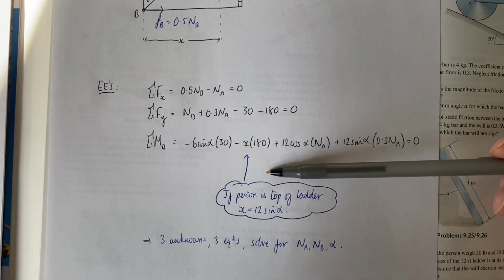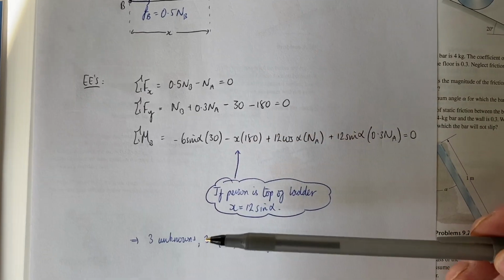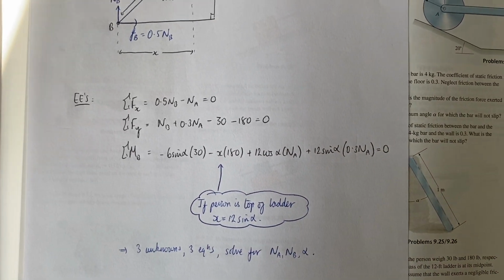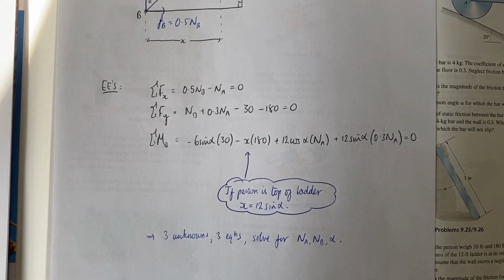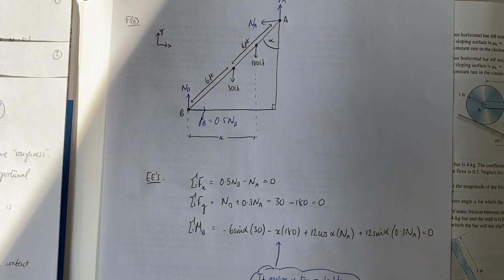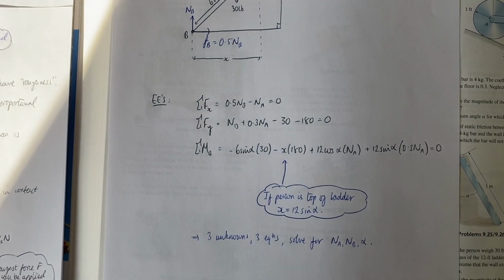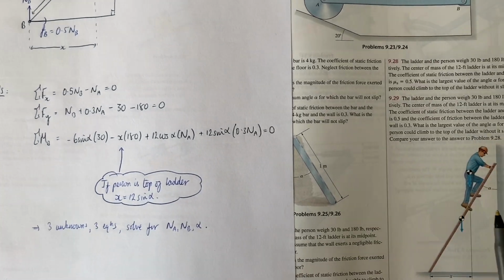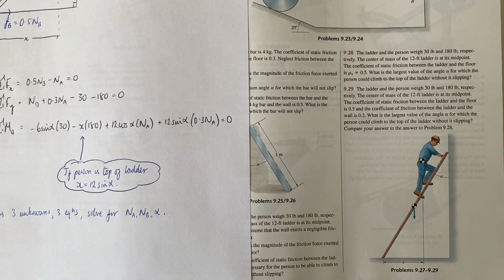If I replace that in there, I now have 3 equations and 3 unknowns, and I can solve them for the normal forces and the angle alpha. So make sure you can solve that system and you know where all of that stuff has come from, and make sure you can get the solutions that are given in the textbook.